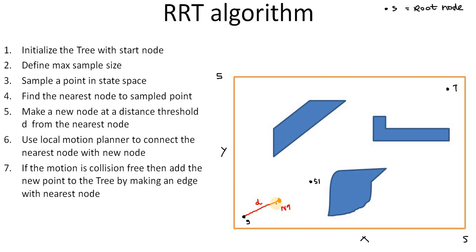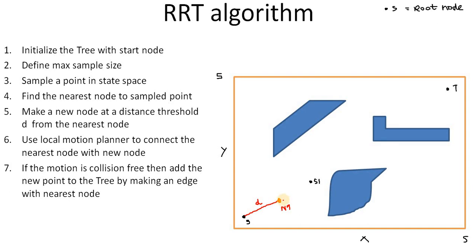This is again a little bit of repetition. You have to see that this new node N1 should not be in obstacle space. It should not be somewhere here or here or here. It's not allowed. If it's inside the obstacle space, then it is rejected. You cannot add it into the tree.